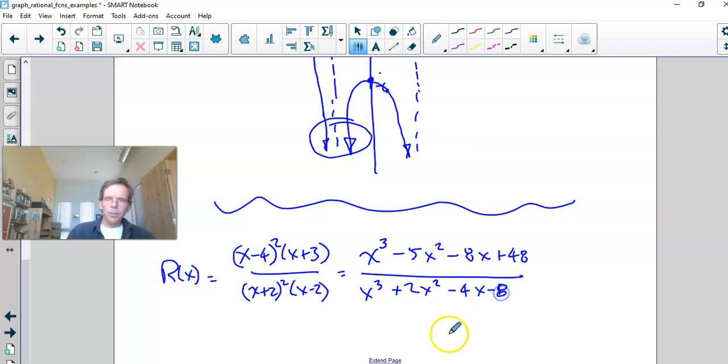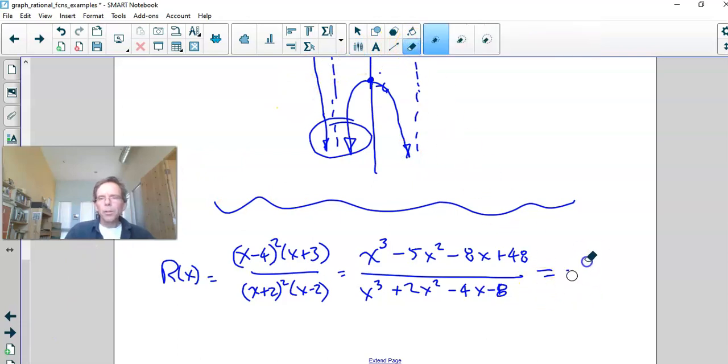And we're supposed to find the solution of that equation set to 1. Sorry, what am I doing here? You set it equal to the horizontal asymptote value.